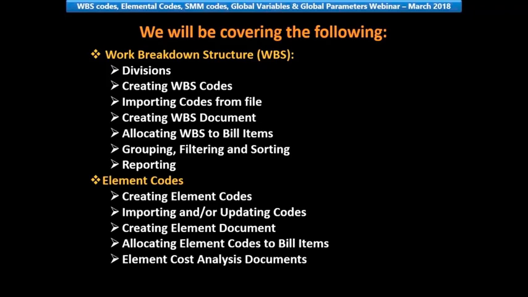Work Breakdown Structure, or WBS, divisions, creating WBS codes, importing from file, creating the WBS document, and allocating WBS to bill items. Also, we cover grouping, filtering, sorting, and reporting. Element codes, creating element codes, importing and or updating codes, creating element document, allocating codes to bill item, element cost analysis documents.